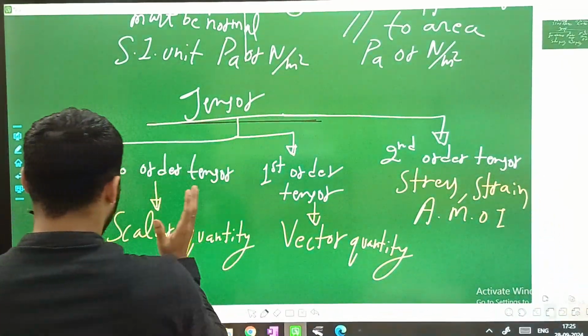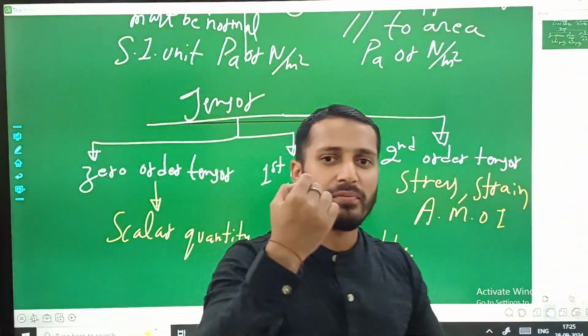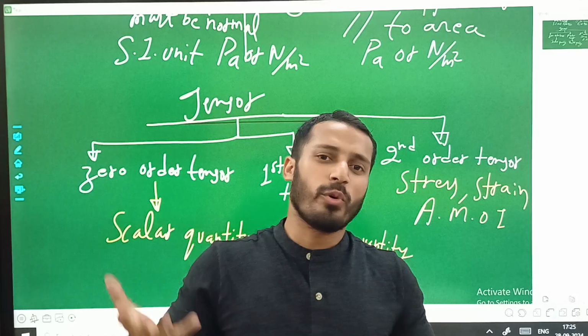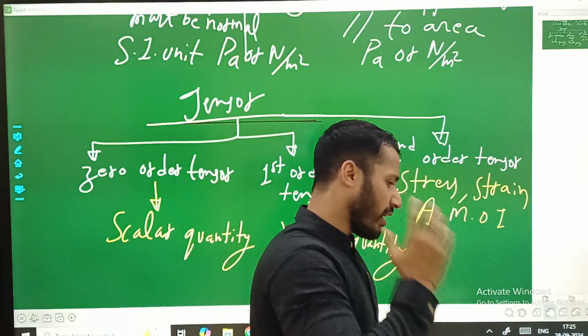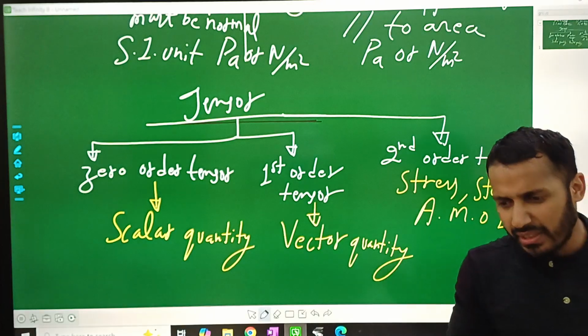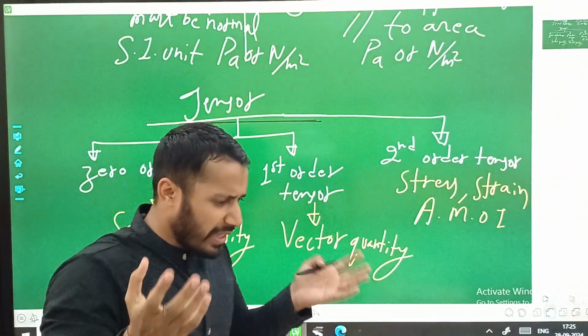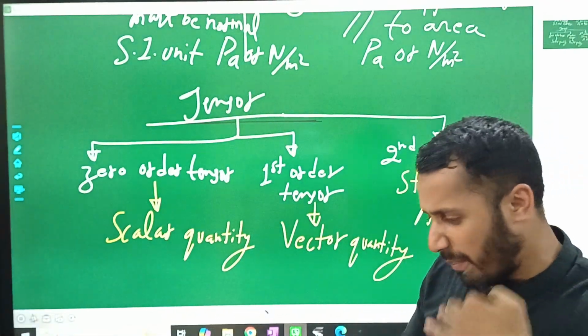Now, why is scalar quantity called zero order tensor quantity? Because to define a scalar quantity, only magnitude is required, no other parameter is required. And if you are defining any quantity, magnitude must be there. That is the basic thing. So no parameters are needed to define a scalar quantity except magnitude.